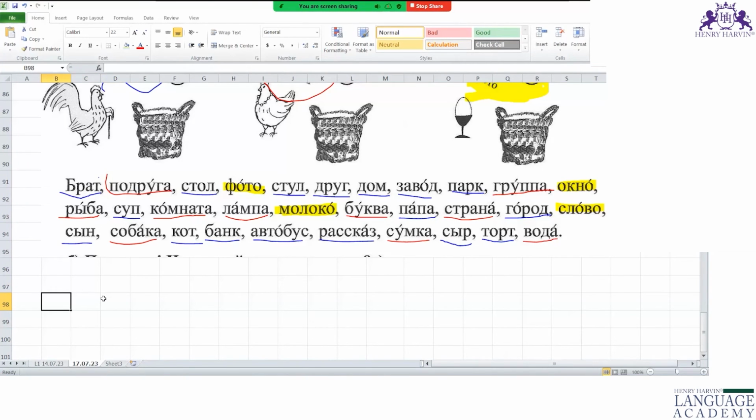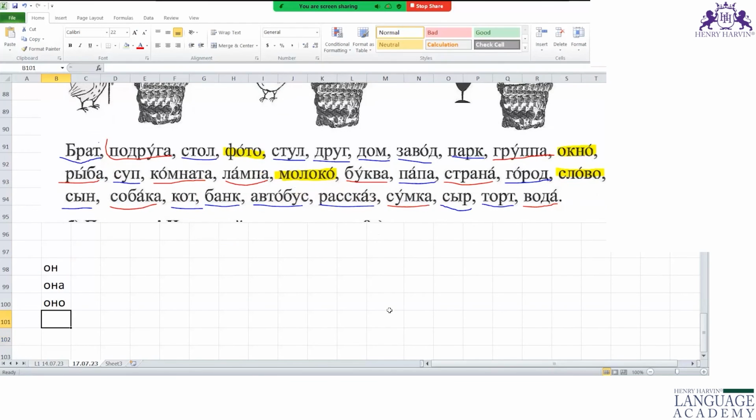So last lesson, I told you about a few pronouns. We already have many pronouns. So we have pronouns like он, he, она, she, оно, it. Last lesson we had ты, if you remember, it was informal or casual you.